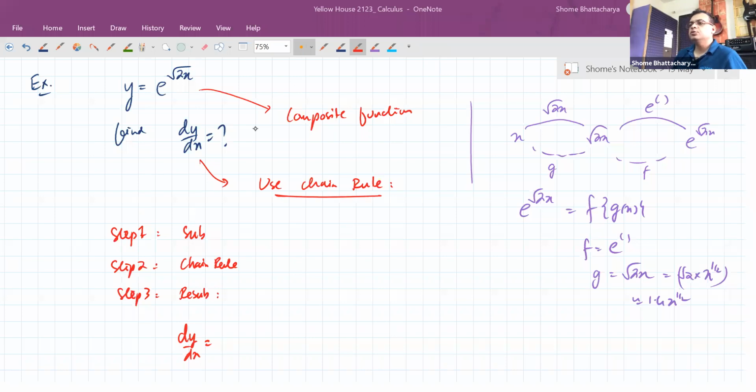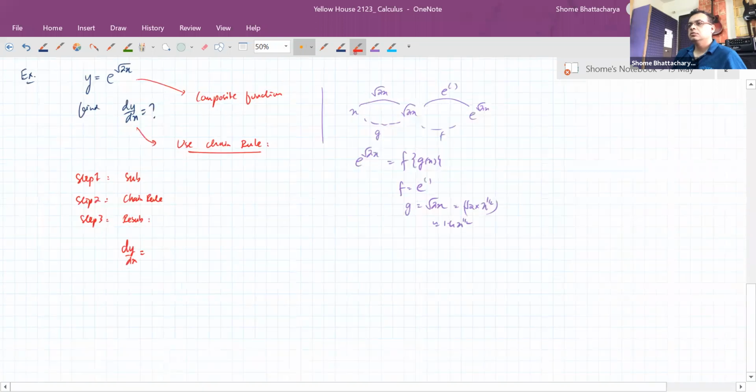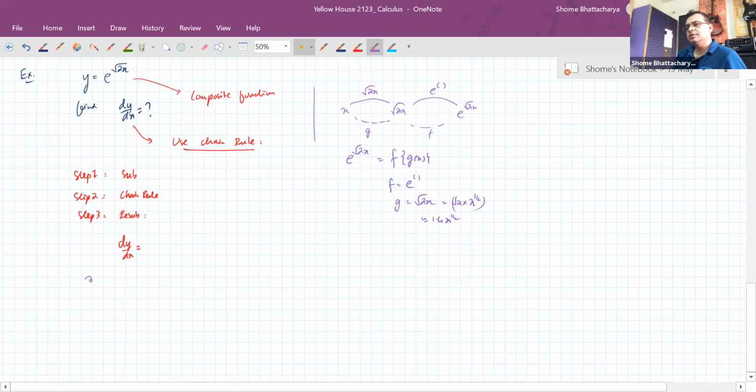So let's look at the steps over here. So substitution step, you put root 2x as z. Okay. So y becomes e raised power z. So now the chain rule step. Okay.